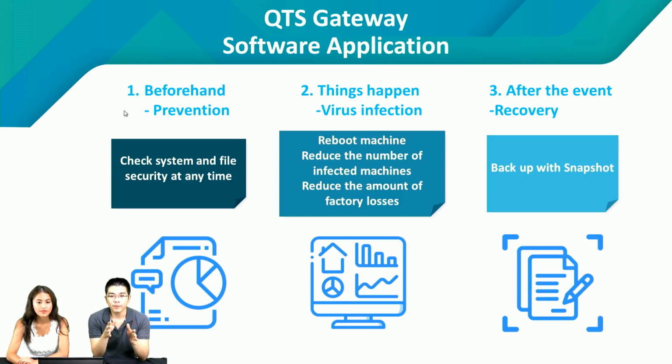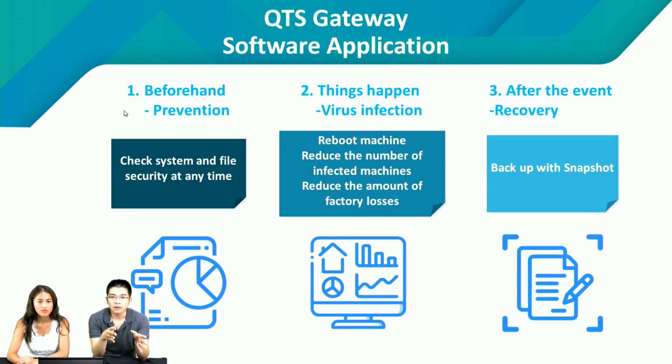Okay, we have three parts. The first part is beforehand: how can we prevent our data from being hit by WannaCry, malware or something similar? And if things go unlucky and we do have some bad situation inside of our hardware, how can we recover everything?